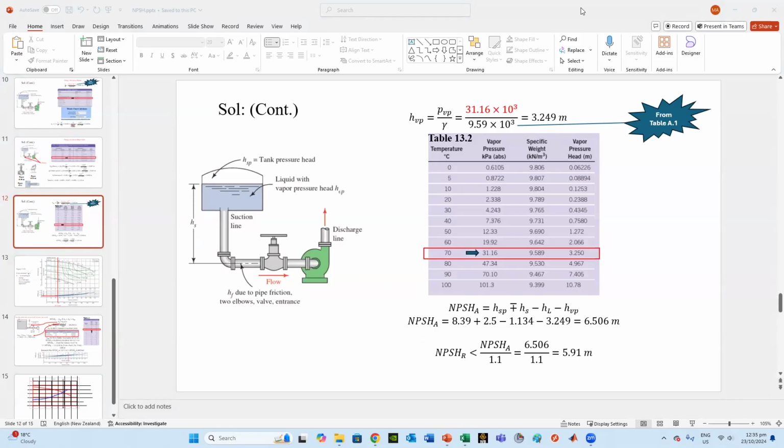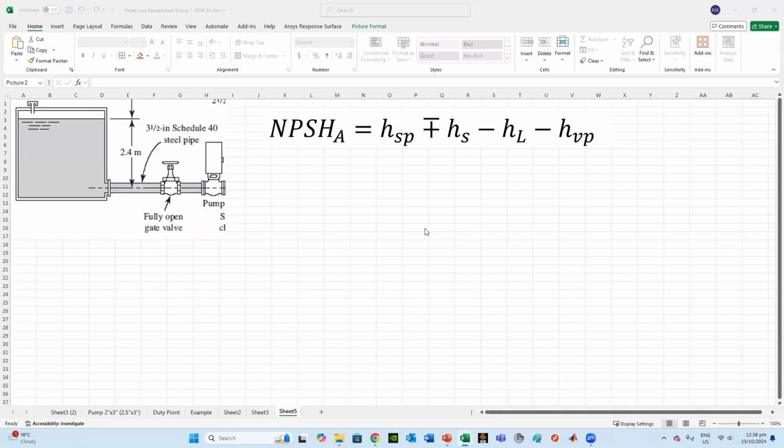So let's try to solve it with respect to our question. All right, so for the problem we're trying to solve, I just took a picture of this section, and then we see how we can get that done.